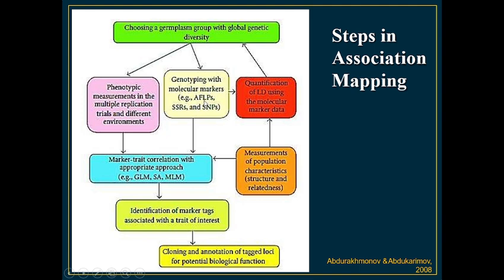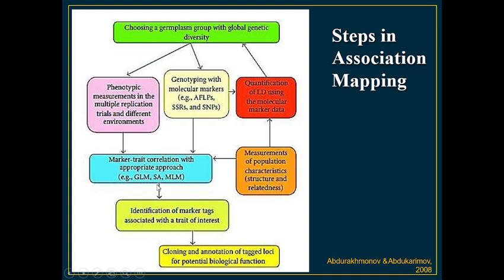Then we need genotypic or marker data in the form of SSR, SNP, or any other marker. Then we have to calculate linkage disequilibrium from this marker data. Then we calculate population structure or relatedness.